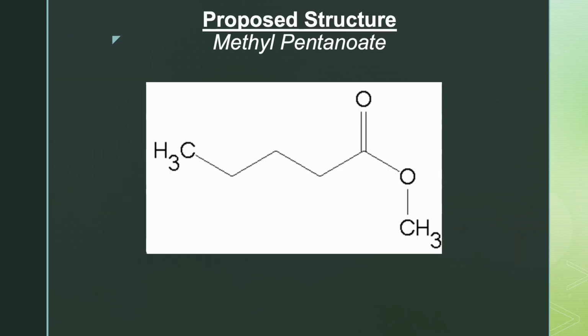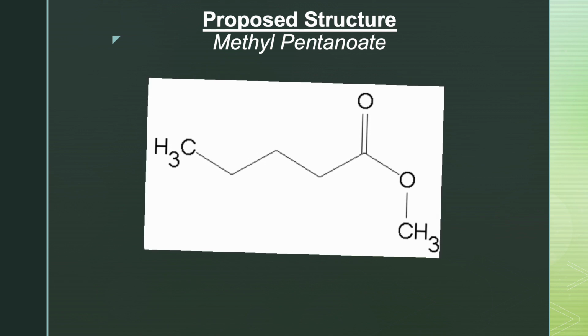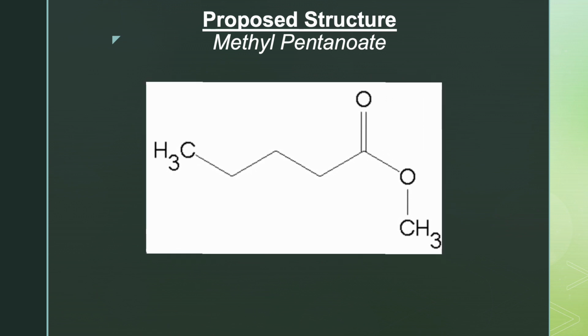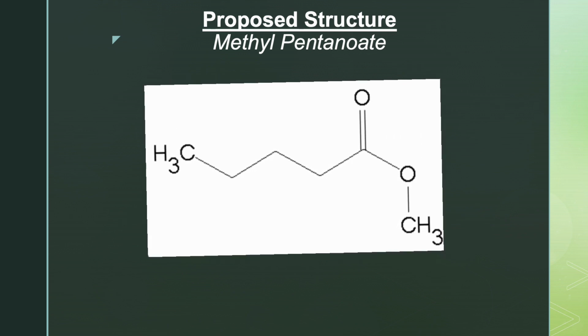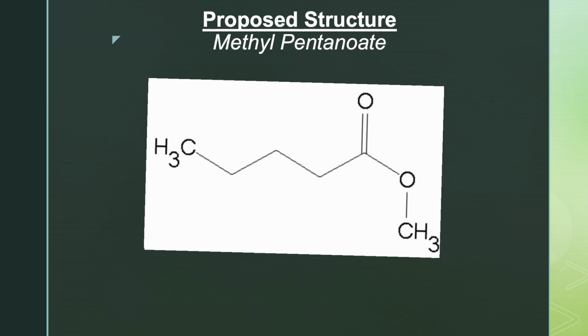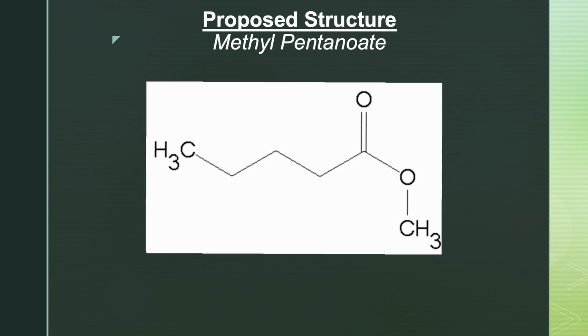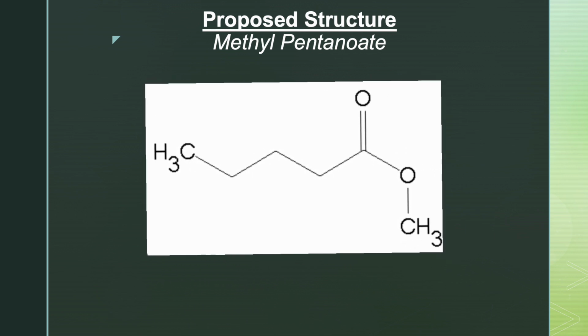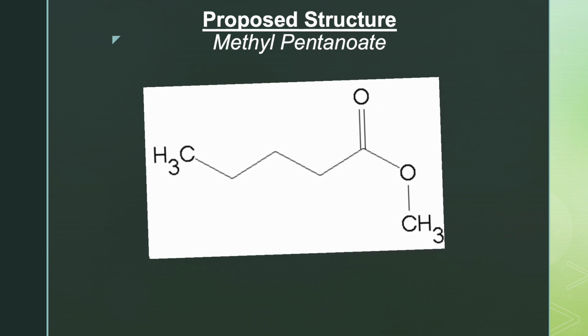So my proposed structure is methyl pentanoate, and we went with this structure because it does show 6 carbons, 12 hydrogens, 2 oxygens, the 1 double bond that we were looking for. And the other thing that set this one apart was we know from our degrees of unsaturation that we have a double bond or a ring.